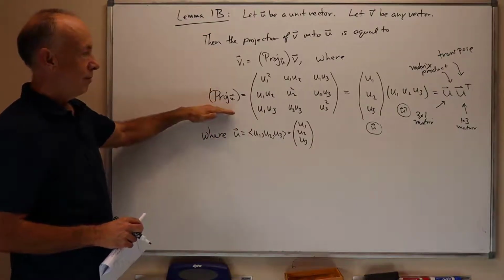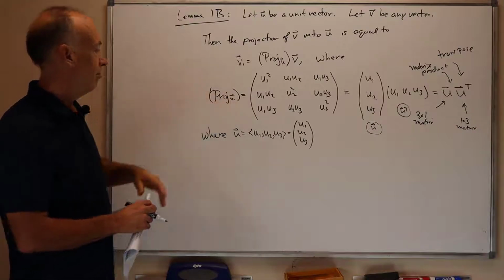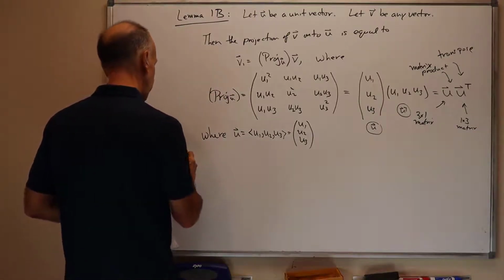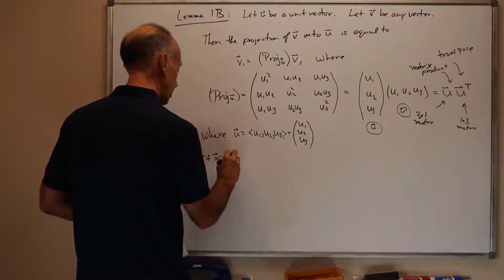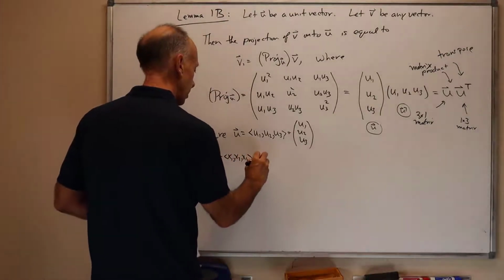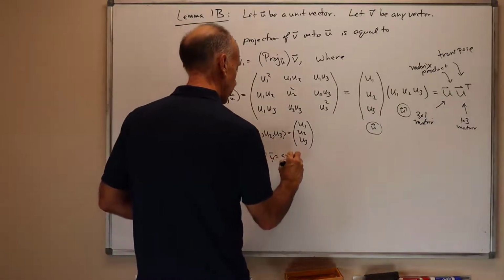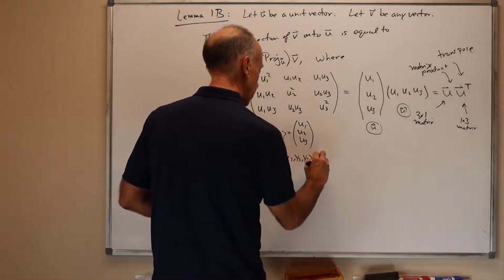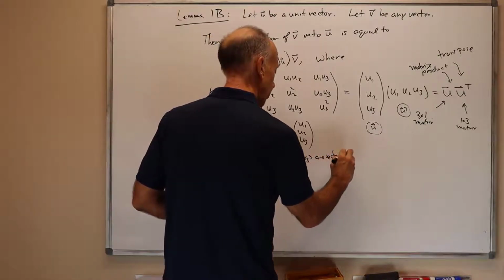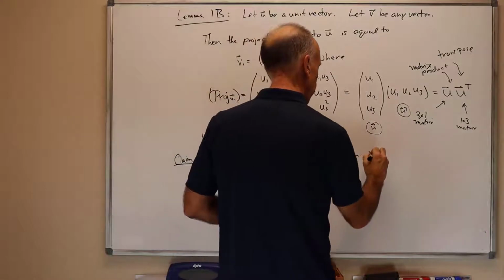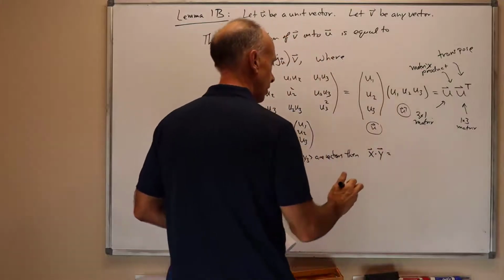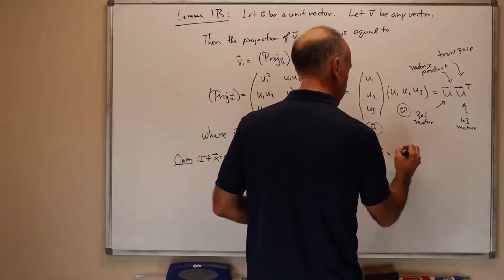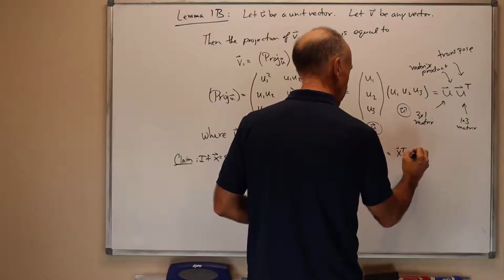So this puts us pretty much set to prove lemma 1b. But first, let's also notice the following claim: if x equals x1, x2, x3, and y equals y1, y2, y3 are vectors in R3, then x dot y, and this is dot product, is equal to x transpose times y.